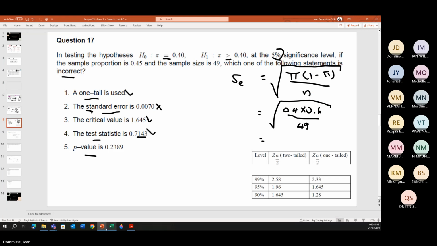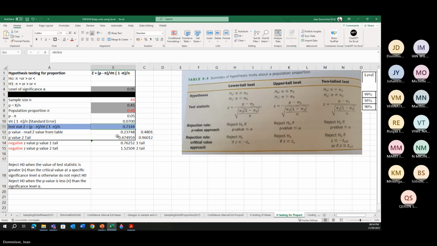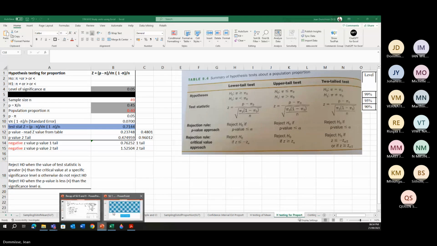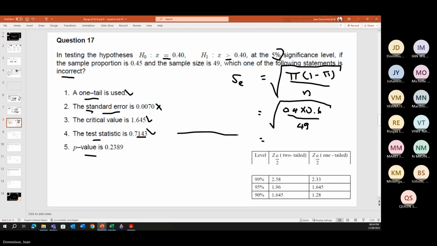And then the p-value. There's a way that we would have gone to the table. With that 0.71, we would have said, remember what we did in chapter 6. We would have gone here to 0.71.